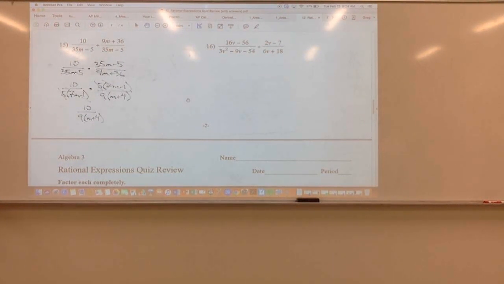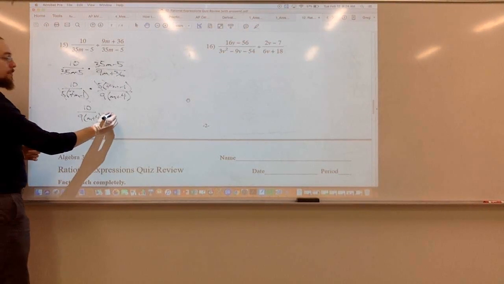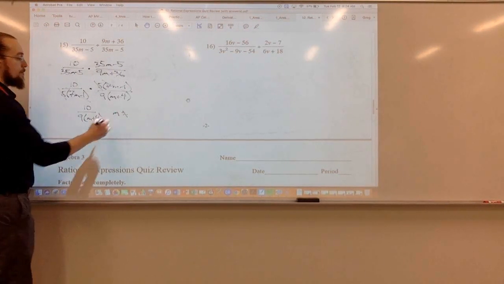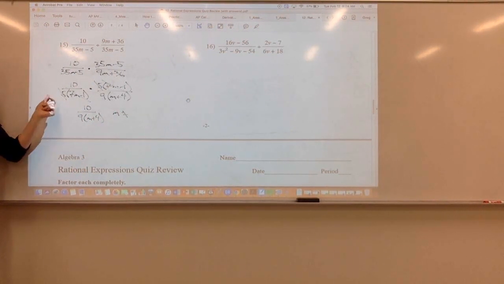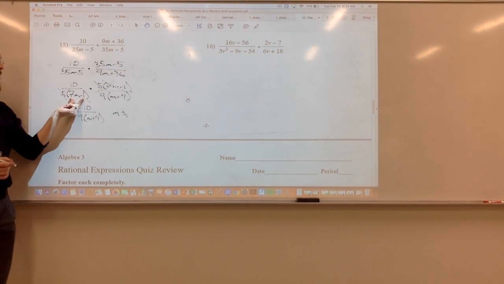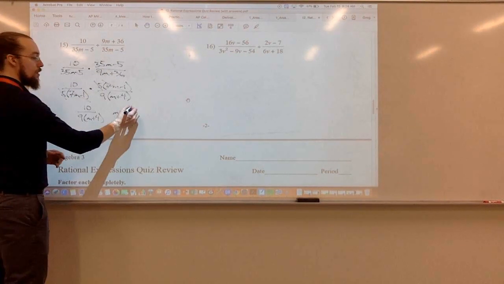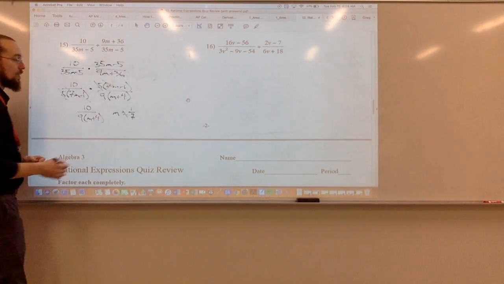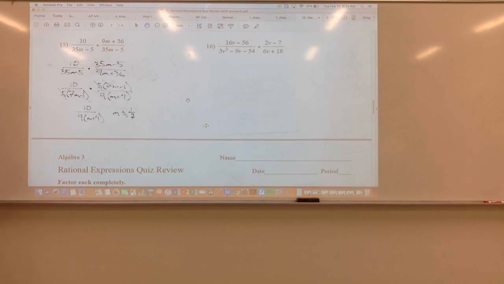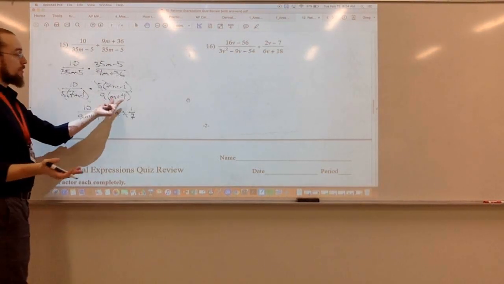Now, my restrictions, again, come from anything that was ever in a denominator. So m cannot equal, I don't get anything from this one, right, because there's no variable. 7m minus 1, if I set that equal to 0 and solve, I would end up getting 1 over 7. The 9 I don't get anything from.